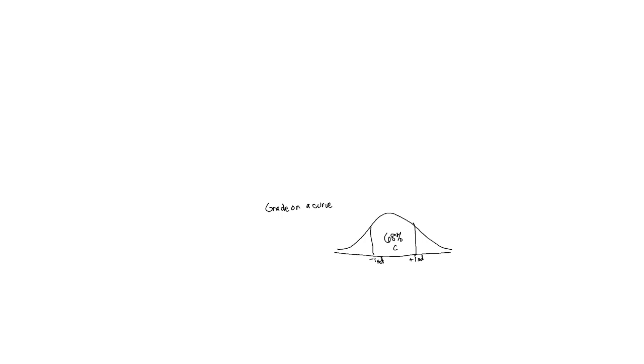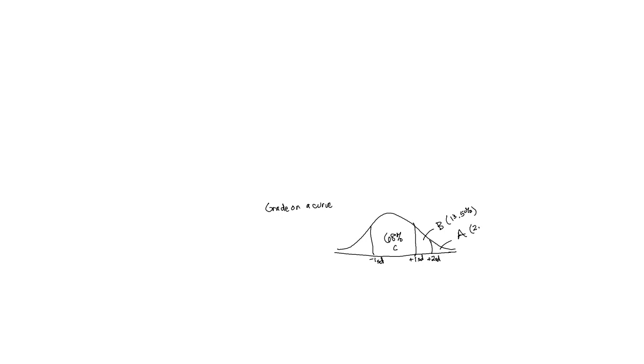be getting C's. Okay, there's this little portion between plus 1 and plus 2 standard deviations. That would be the B's, and that's only 13.5%. And this would be the A's after the 2, which would only be 2.5%.